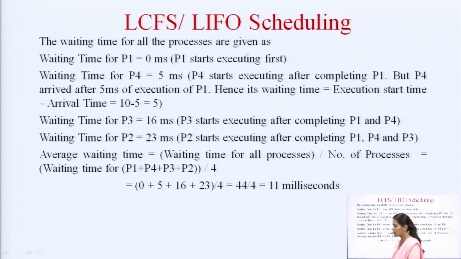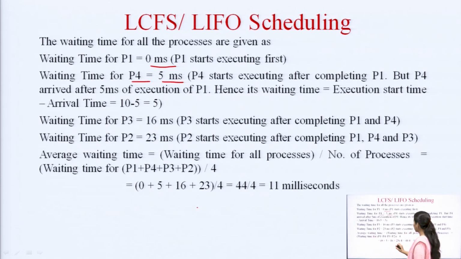Let us discuss now. The waiting time for P1 is 0 milliseconds, because it starts executing as soon as it enters the queue. The waiting time for P4 is 5 milliseconds, because it comes after 5 milliseconds of the scheduling of P1. Since the execution time of P1 is 10 milliseconds, the time left for P4 to start executing is 5 milliseconds.